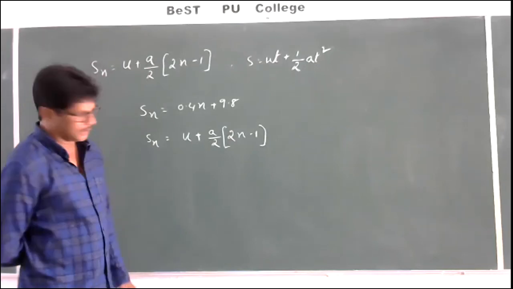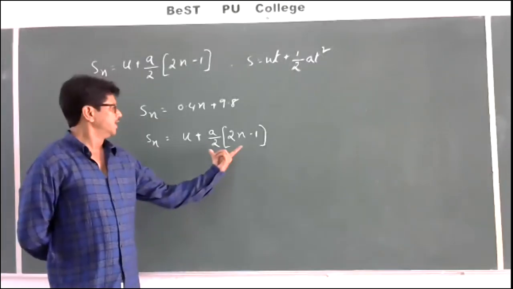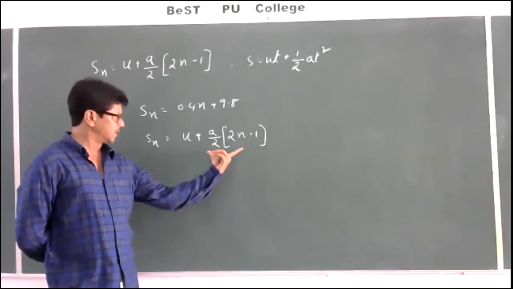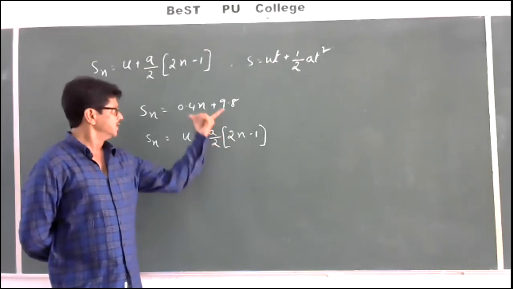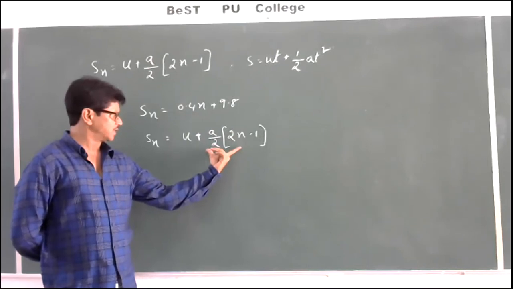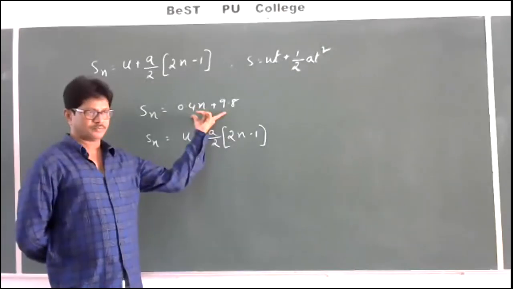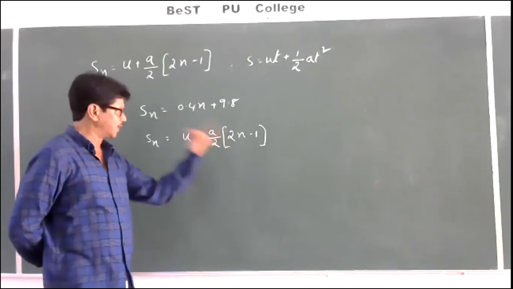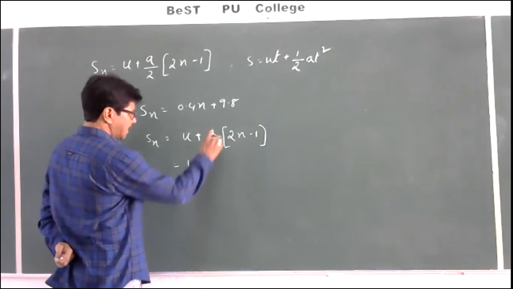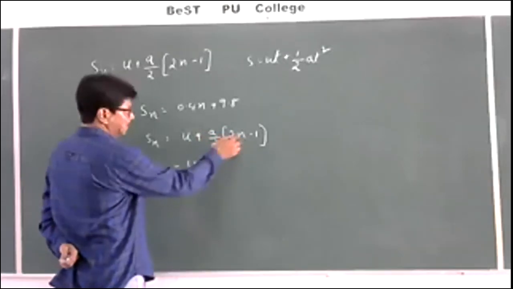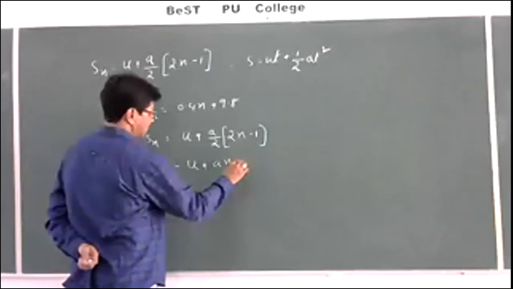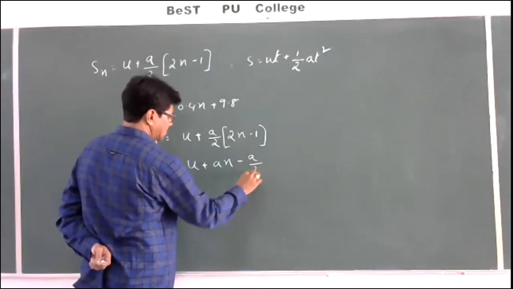So what you need to do is, try to convert our standard formula into this form. How are we going to convert it? u plus, expanding, a by 2 into 2n, the 2 and 2 cancel, an minus a by 2.